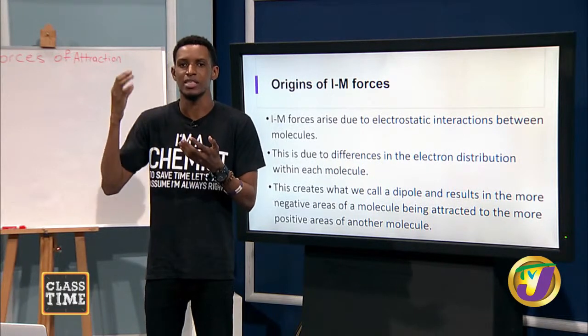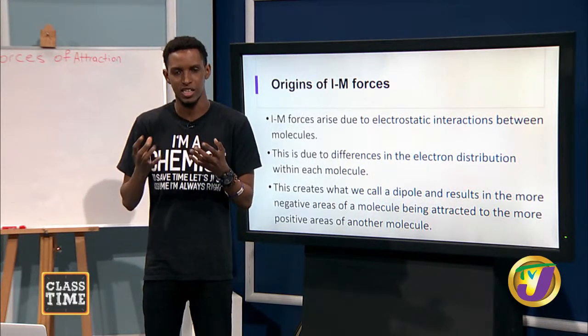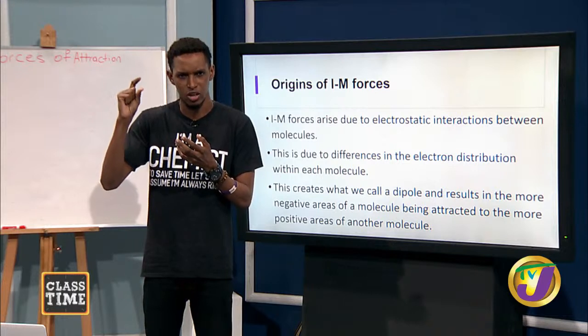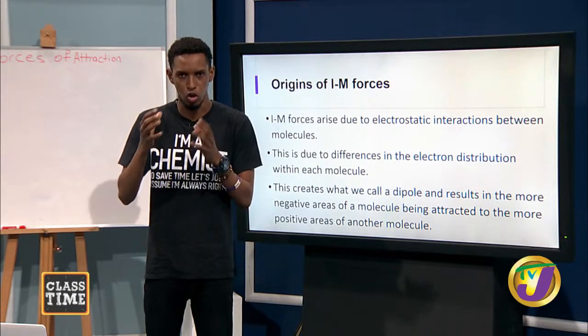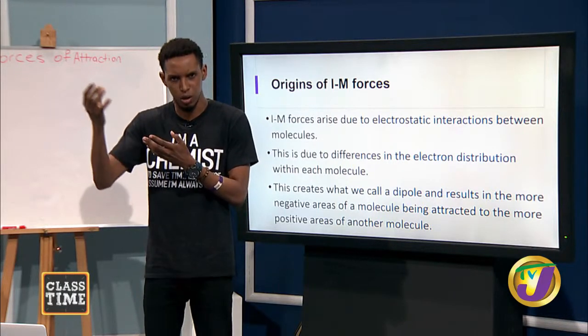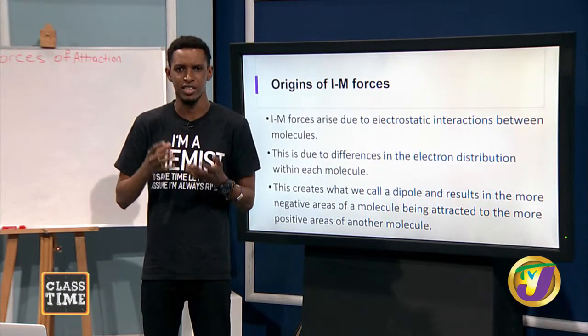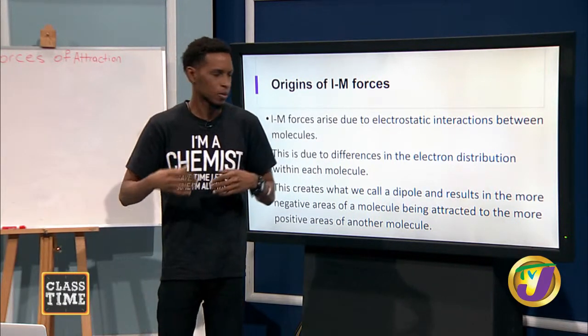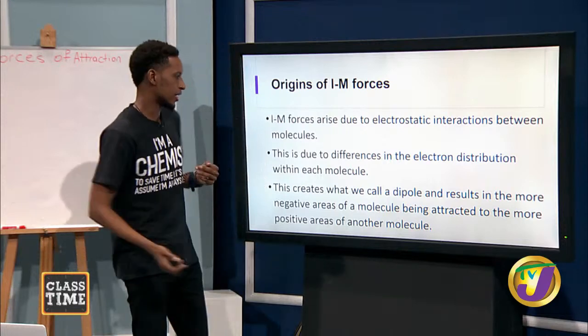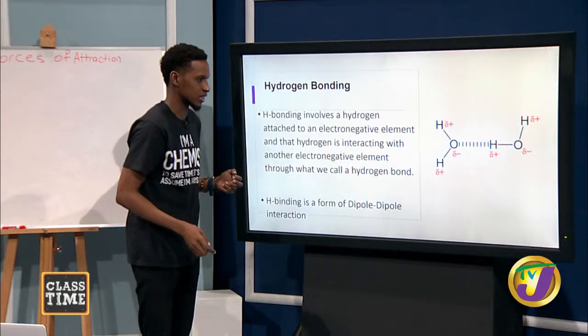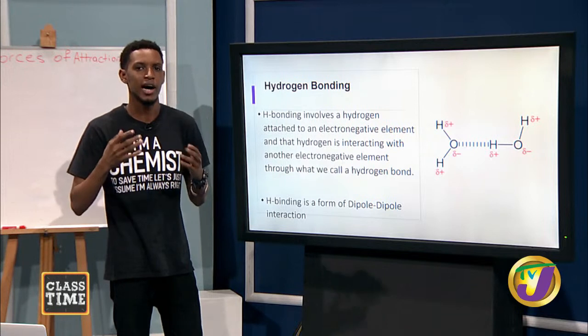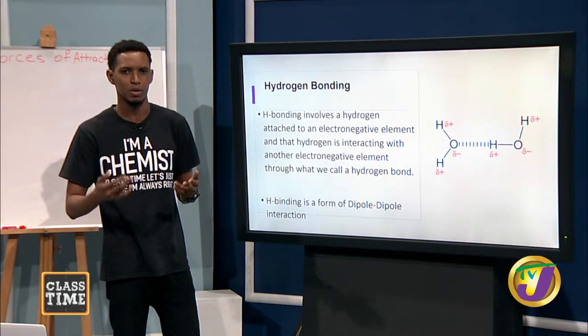For instance, you have metal ions in the presence of HCl. The metal cations would interact with the chlorine because the cation is positively charged and the chlorine is negatively charged. I'll expound on that a bit, but first we'll look at hydrogen bonding to help explain what I'm trying to bring across.